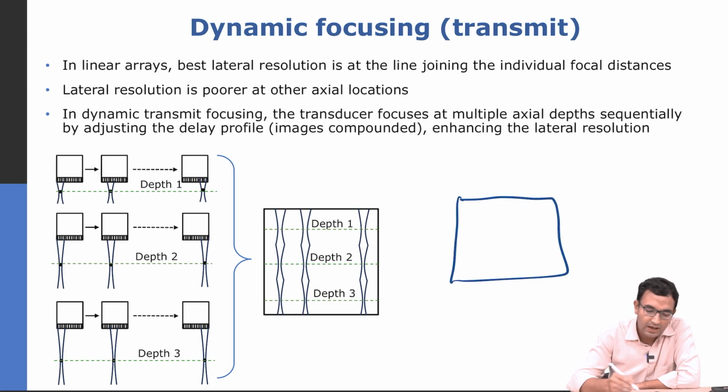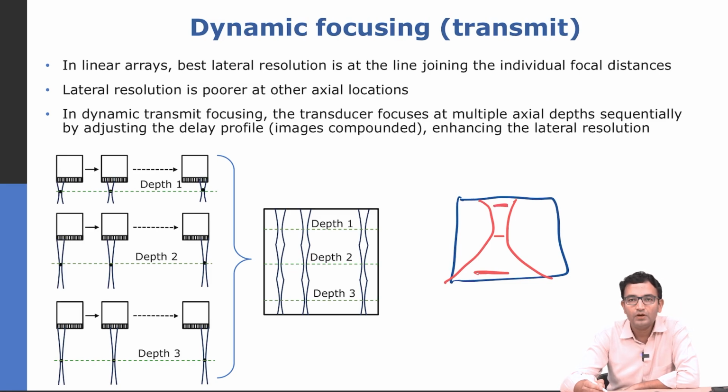Now it turns out that if my region of interest looks like this and my beam looks like this, it will have the best resolution here, laterally speaking, but poor resolution here and here. So what can I do to fix it? Well, this is where dynamic focusing comes into play.